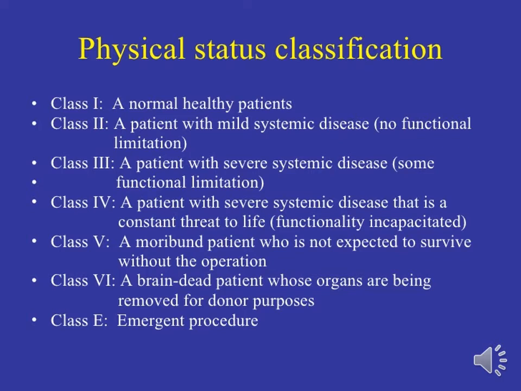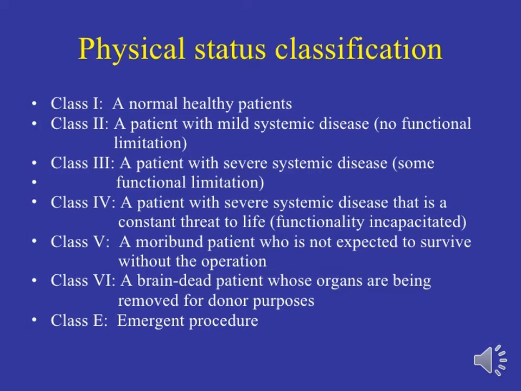Class 4, a patient with severe systemic disease that is a constant threat to life and functionally incapacitated, who needs more precaution when giving anesthesia, like a bleeding disorder where you must control the bleeding problem and then give general anesthesia. Class 5, a moribund patient who is not expected to survive without the operation.